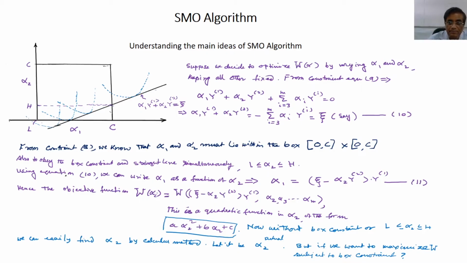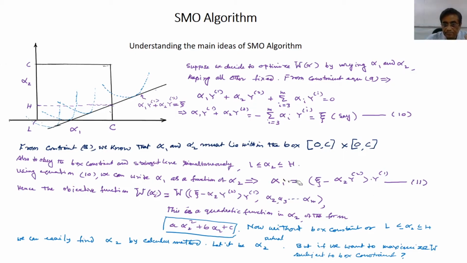So using equation 10, we can write alpha 1 as a function of alpha 2, isn't it? Same as earlier, we multiply both sides by y1, and since y1 square is 1, alpha 1 becomes zeta minus alpha 2 y2 times y1. Is it clear? There was one y1, and we multiplied both sides by y1.